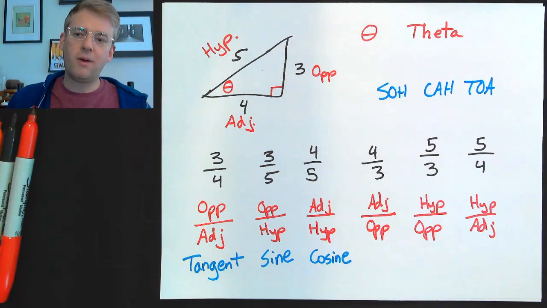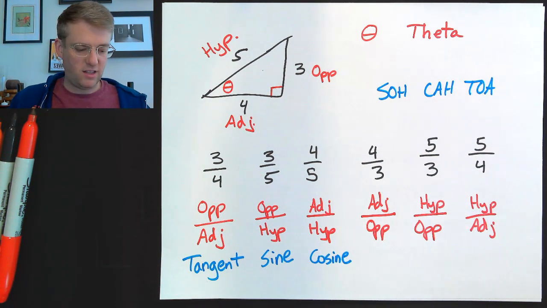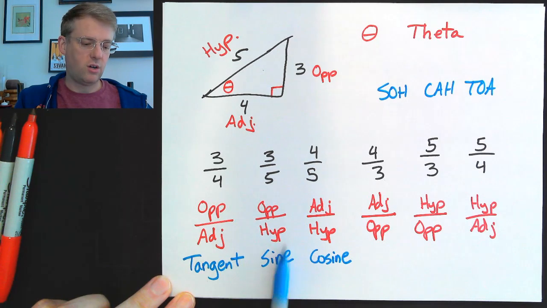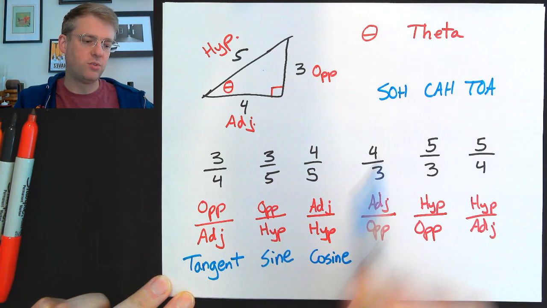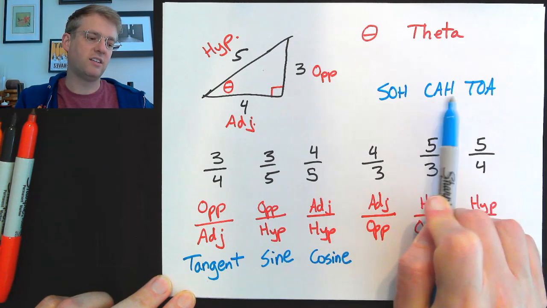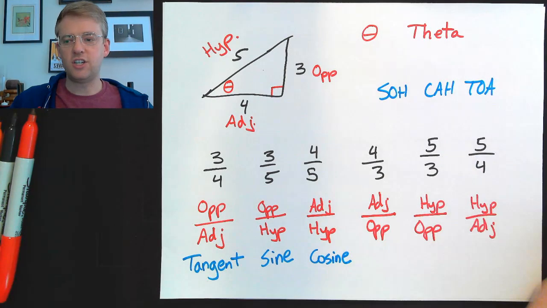Sohcahtoa, which is a mnemonic that everybody remembers because it sounds funny and they forget what it means. But that is meant to convey the information that the sine ratio for a specific angle is the ratio of the opposite side to the hypotenuse, sine opposite hypotenuse. The cosine is the adjacent leg divided by the hypotenuse, and the tangent is the opposite over the adjacent.